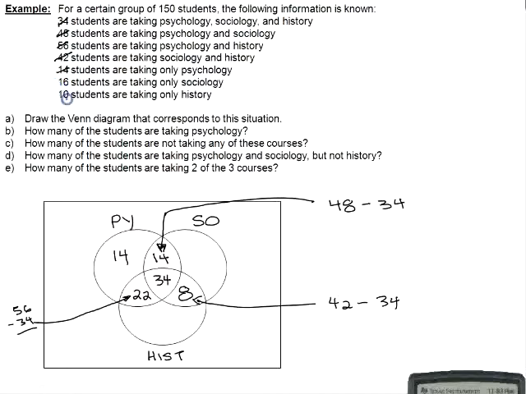They tell us 16 students are taking only sociology. They're taking sociology but not psychology or history. And 10 students are taking only history. Well, this region right here is history only. Those 10 students go there.